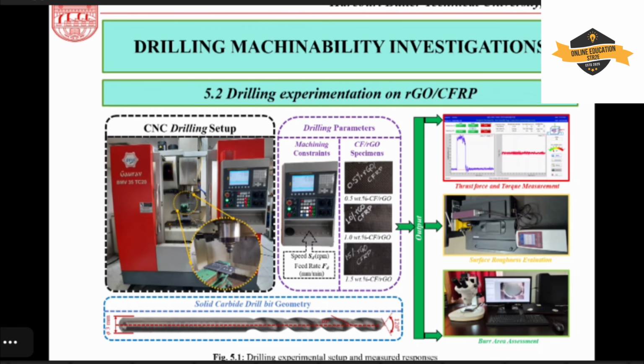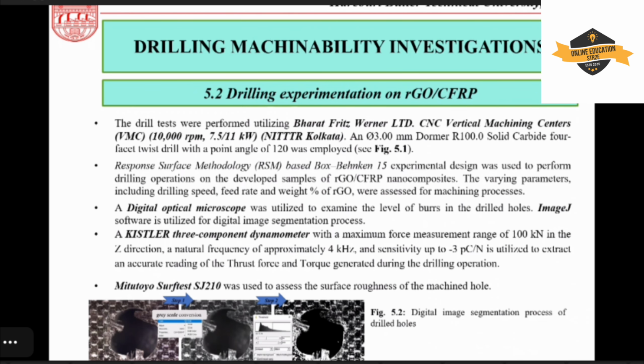So this one is the setup for this drilling process. We have used CNC drilling, and this is a brief specification about the drill bit geometry. These are the results which we have achieved through this drilling process, and the different types of apparatus we have used. We used digital optical microscopes, and image software for the image processing technique.